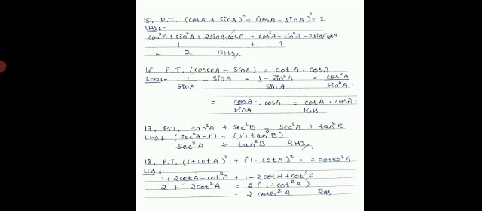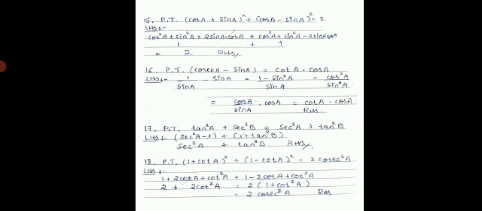Now, after using the formula and expanding, we get cos²A + sin²A + 2AB. Here A is cos A, B is sin A. So 2 into sin A into cos A, this is the first bracket part.